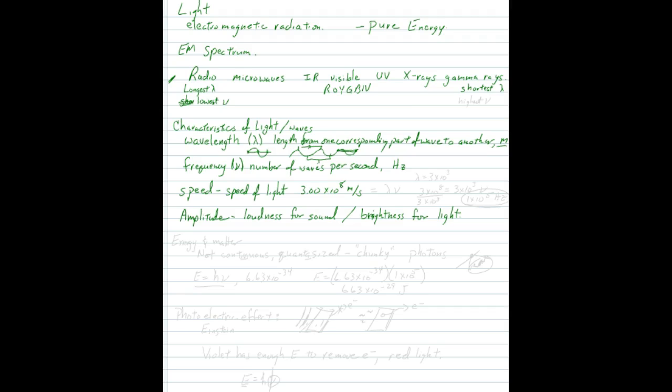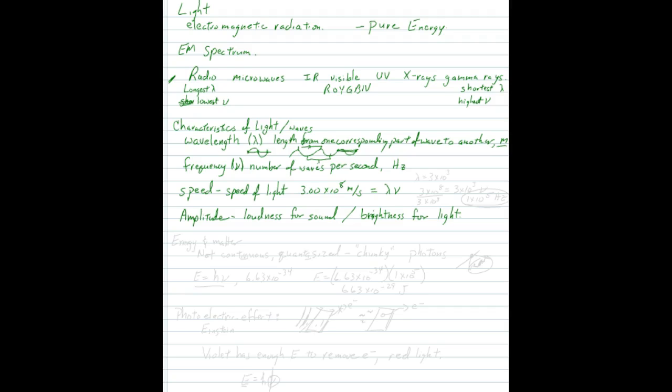That means gamma rays have the highest frequency. These are inversely proportional, which means the speed of light, 3 times 10 to the 8th, is equal to lambda times nu. So if you know one of the two, you get the other one.